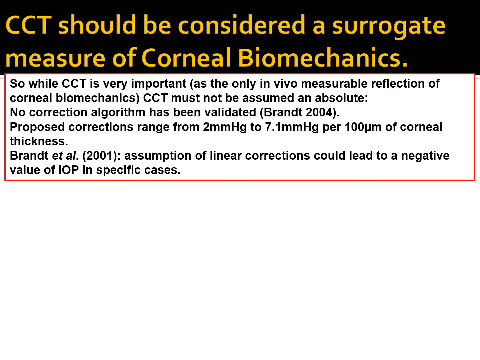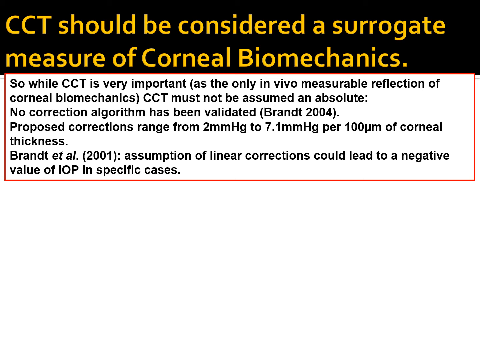So CCT should really be considered simply a surrogate measure of corneal biomechanics, but it's certainly not perfect. While CCT is very important because it is the only in vivo measurable reflection of corneal biomechanics, there is something else coming up that people claim is another measure, which I dispute.